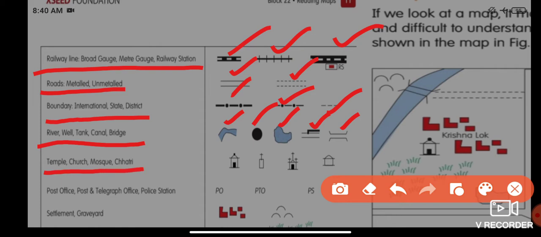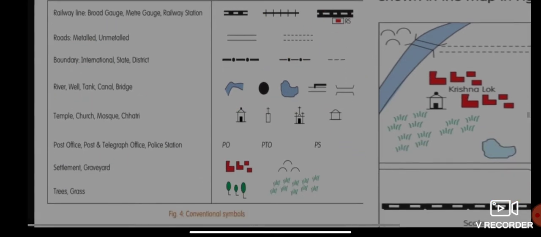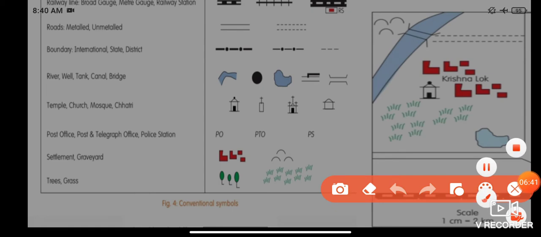Temple, church, mosque, and chhatri. This is a temple, this is a church, this is a mosque, this is a chhatri. Okay, post office, post and telegraph office, police station. So post office is represented as PO, post and telegraph office as PTO, police station as PS. Settlement and graveyard.